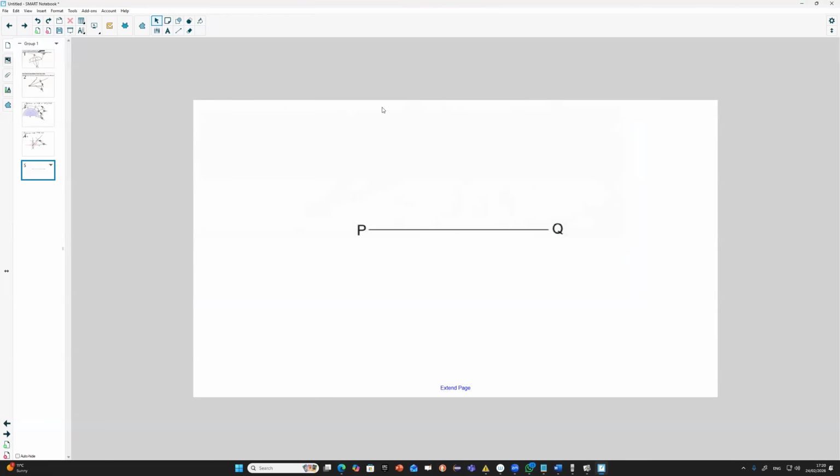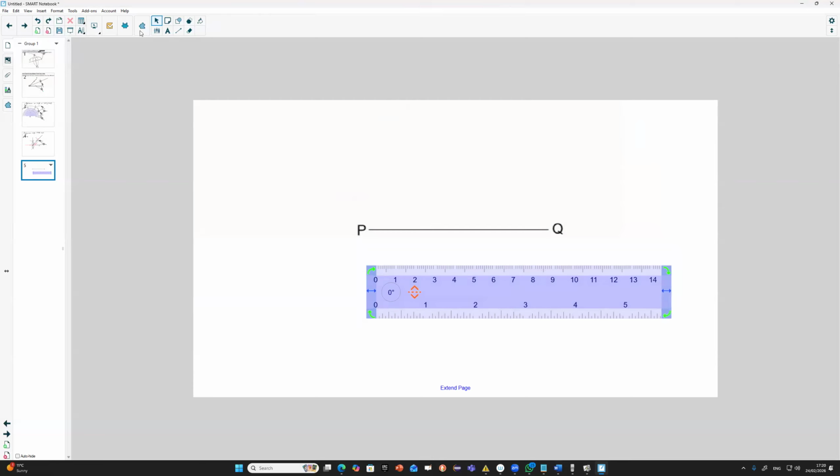So what we would do here is, firstly I would get my ruler. So it has to be 3 centimeters from this line. So obviously we could see that would be like 3 centimeters above, 3 centimeters below. But then at P, it would actually be a semicircle.